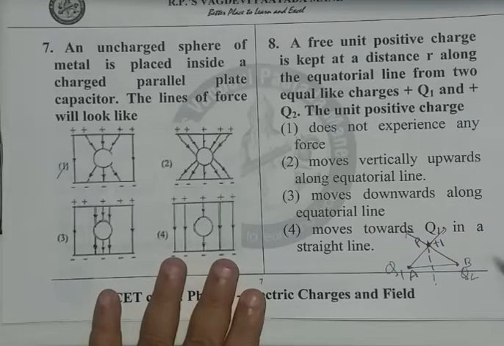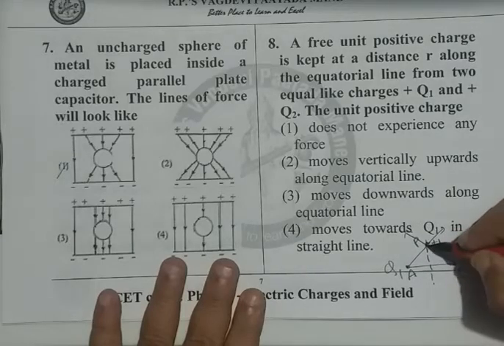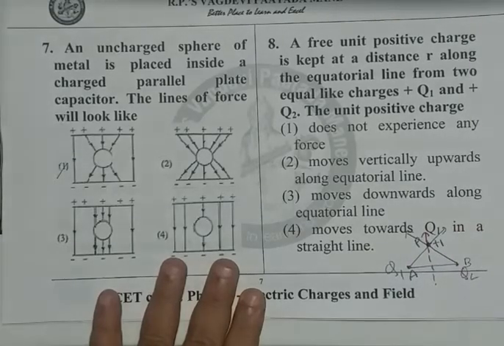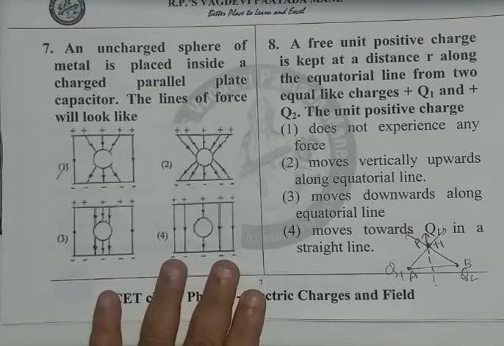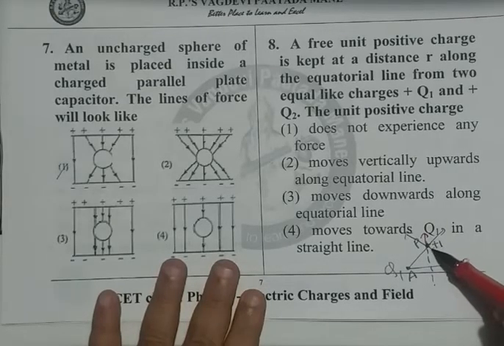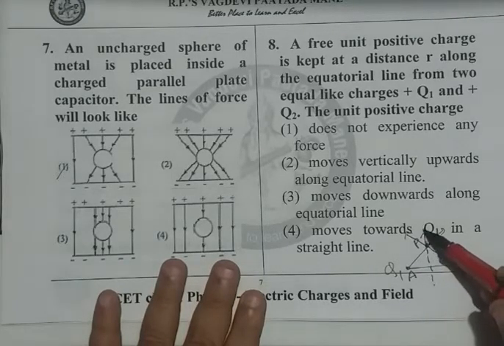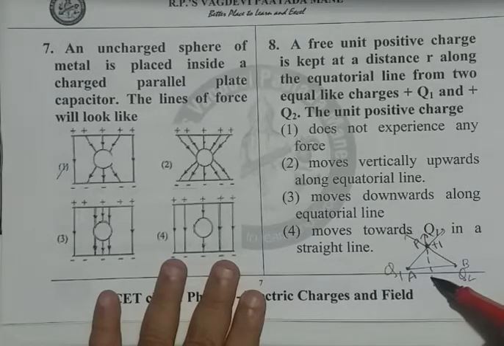Their net force will be in the upward direction as I marked in red. Therefore, that unit positive charge starts moving in the upward direction on this equatorial line.